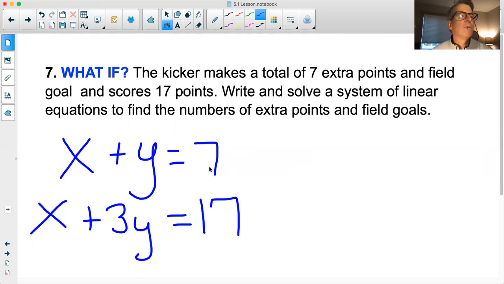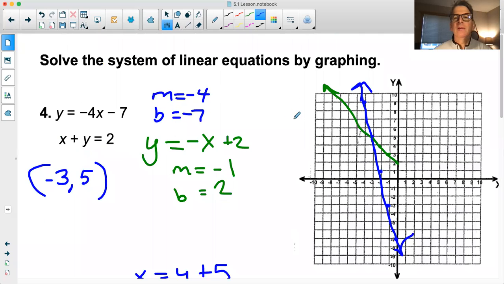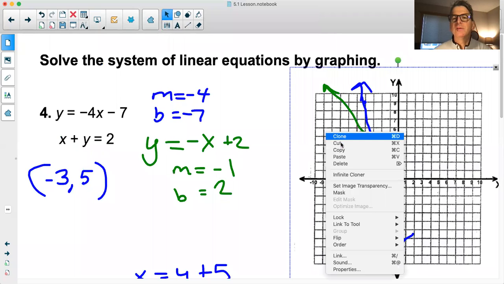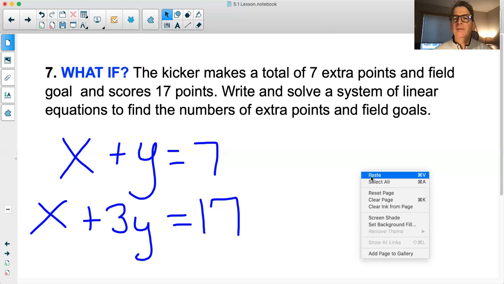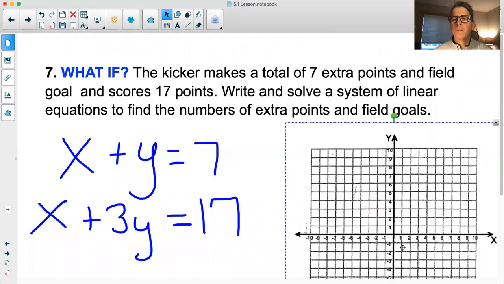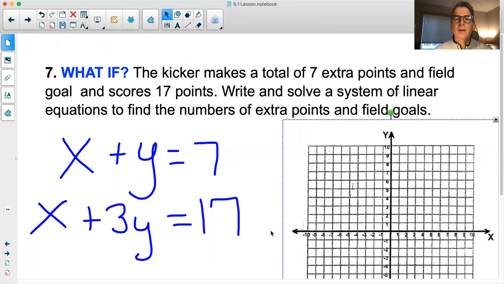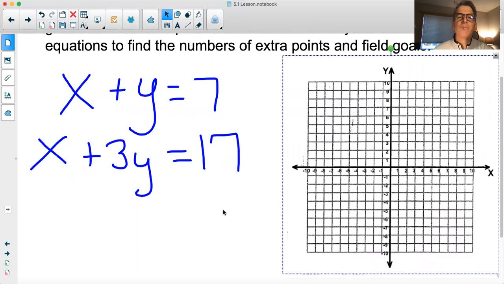Okay, so if you did this work, you would come up with, let me go back to this. And I will go back and grab this guy here, copy, and paste it over here. All right, so x plus y is 7. So y equals negative x plus 7.